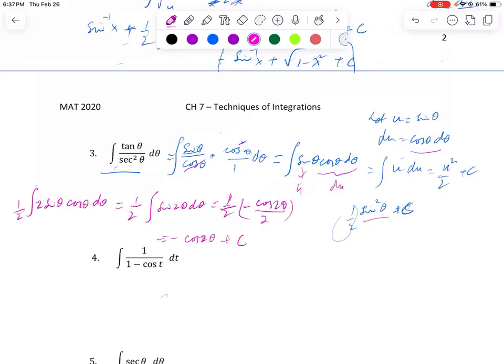Because remember the cosine 2 theta can be written as cosine squared theta minus sine squared theta, or it can be written as 2 cosine squared theta minus 1, or 1 minus 2 sine squared theta. It has these different forms, so we can go back. I will stop here and come back and do the next example in the next video.